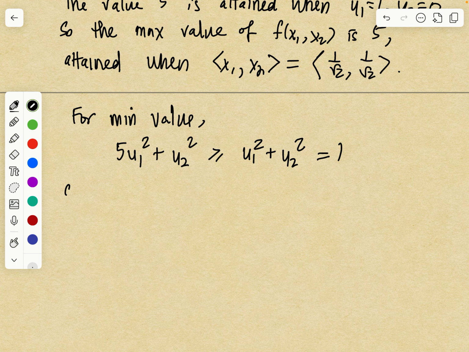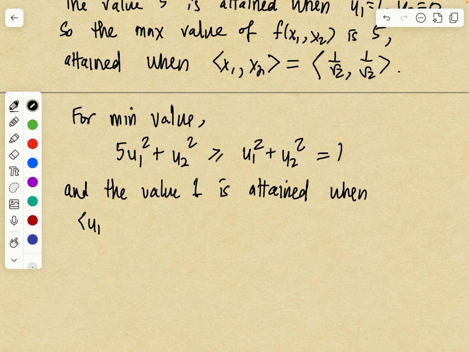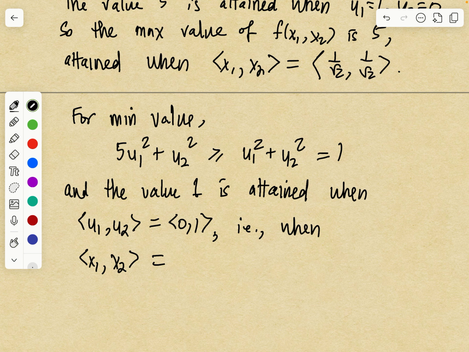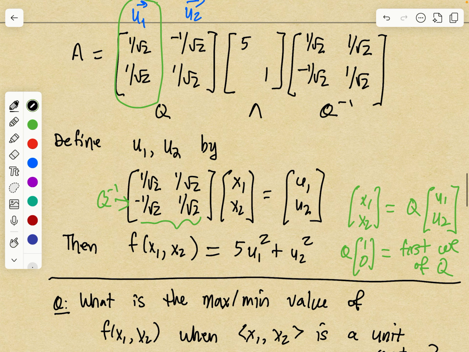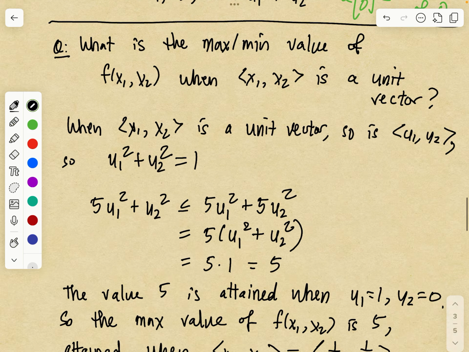But the value 1 is attained when u1, u2 is equal to 0, 1. And that's the same, i.e., when x1, x2 is equal to, well, it's Q times 0, 1. That's the second column of Q. That's negative 1 over root 2, 1 over root 2.